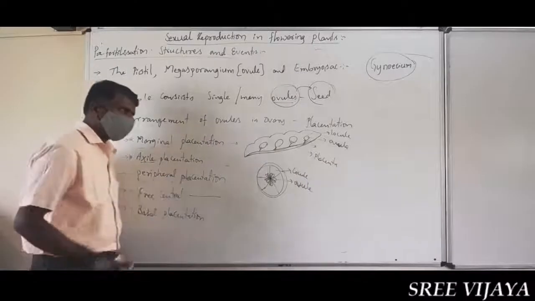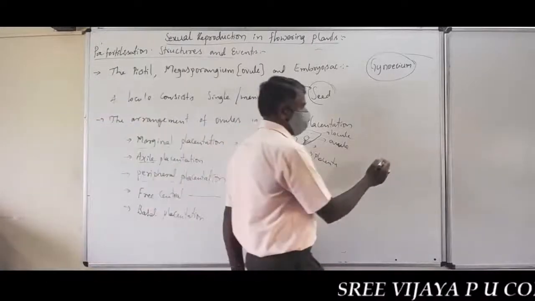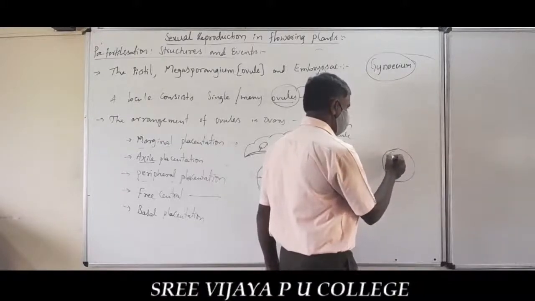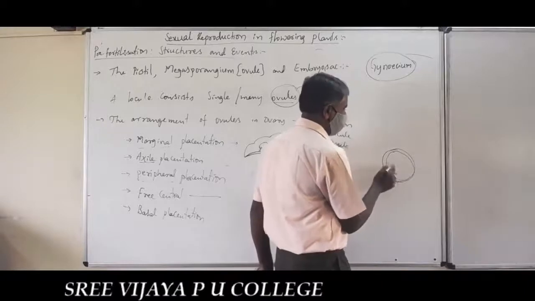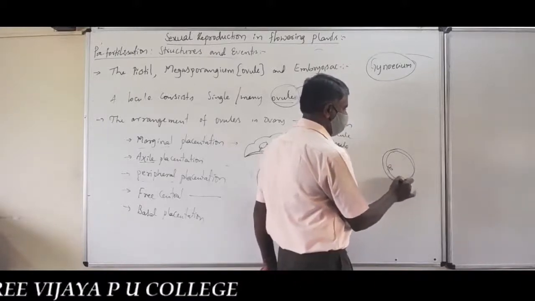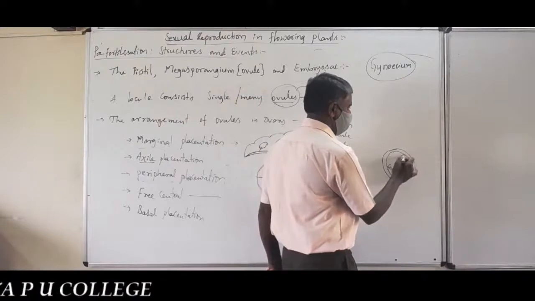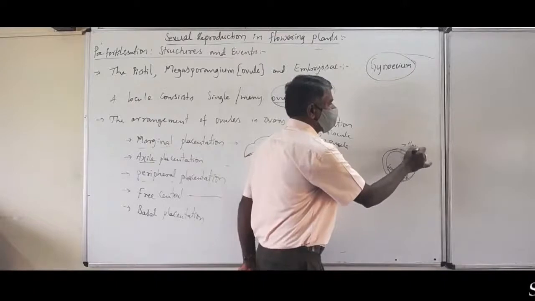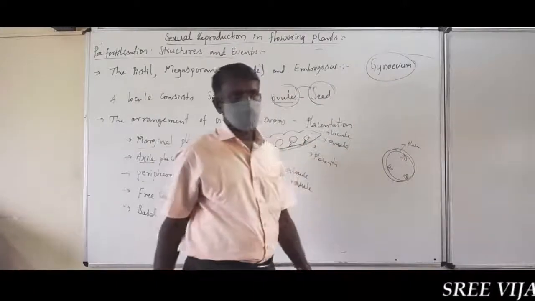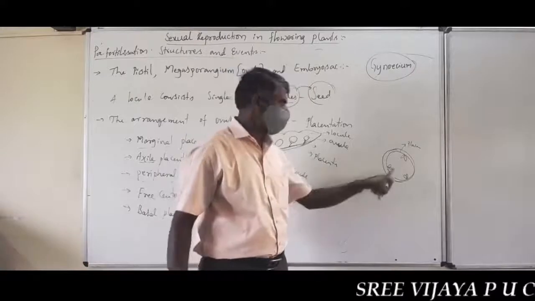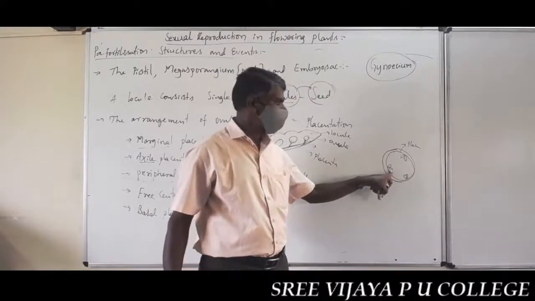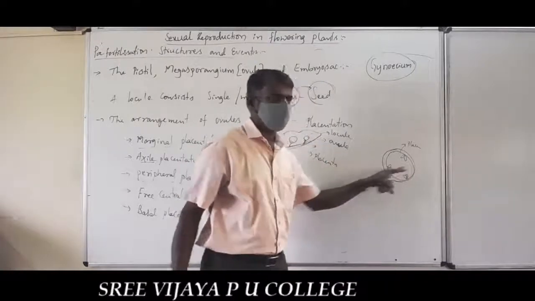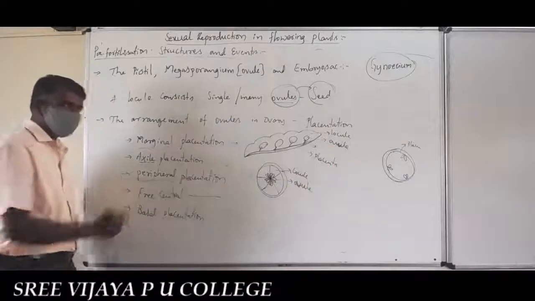In parietal placentation, as we see in pumpkin and papaya, the placenta is present in the periphery of the fruit. We call this type peripheral placentation.